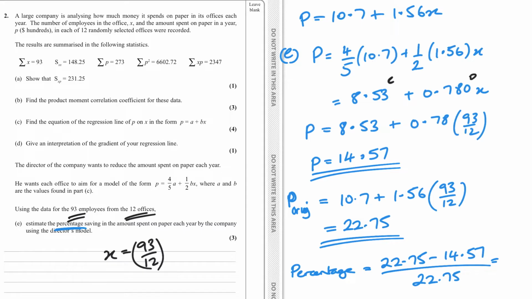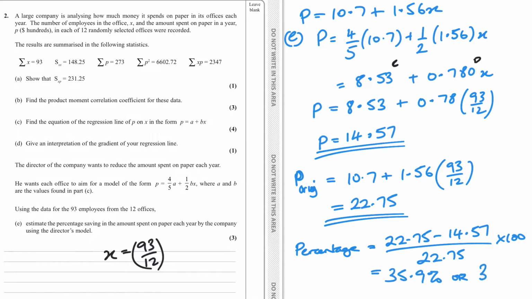And sorry there, I almost forgot to times 100. And that gives me 35.9%, or 36, I suppose, to the nearest whole percentage.